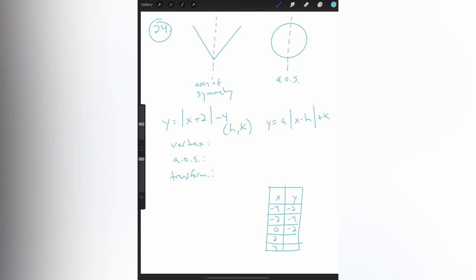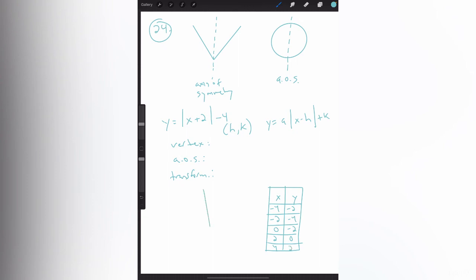Then 2 plus 2 is 4. The absolute value of 4 is 4. 4 minus 4 is 0. And then 4 plus 2 is 6. 6 minus 4 is 2.